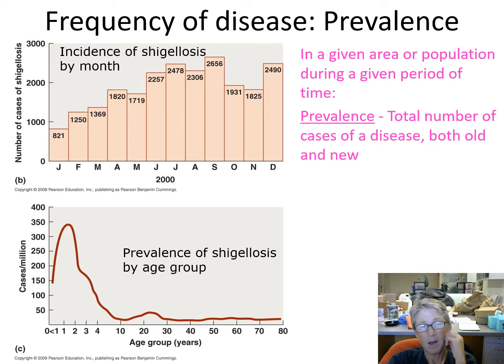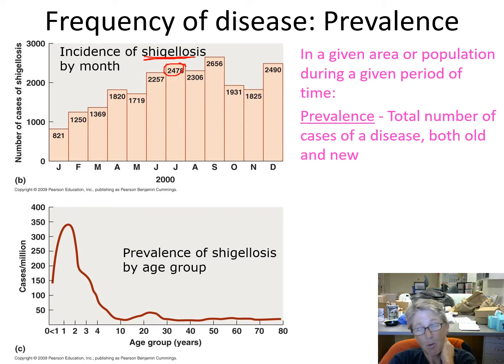Here's the incidence of shigellosis by month. The previous one was shigellosis by year. Here's the incidence of shigellosis, or the number of new cases per month. So it looks like in 2000, shigellosis kind of goes up during the winter.